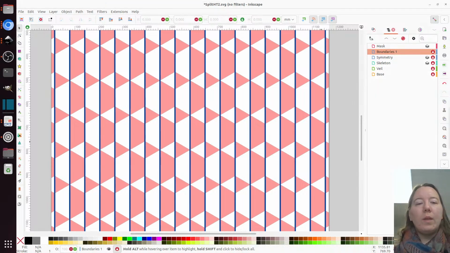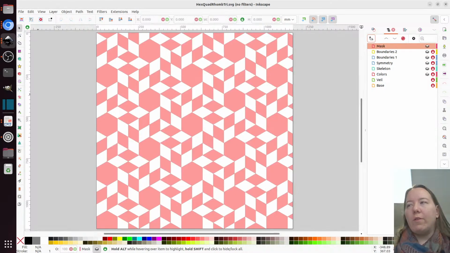And then that brings me to my final tiling diagram for this video, which is the hex quad rhomb tri tiling. And the base layer I always do in red and white to show that it is a two-colorable tiling, so it does have all right-handed tiles attached to left-handed tiles and vice versa, which is the requirement for the pleat between them to fold flat. But we don't have to stick to that coloring.